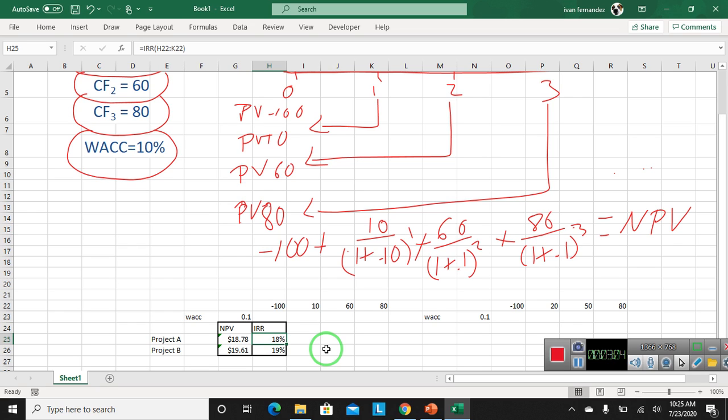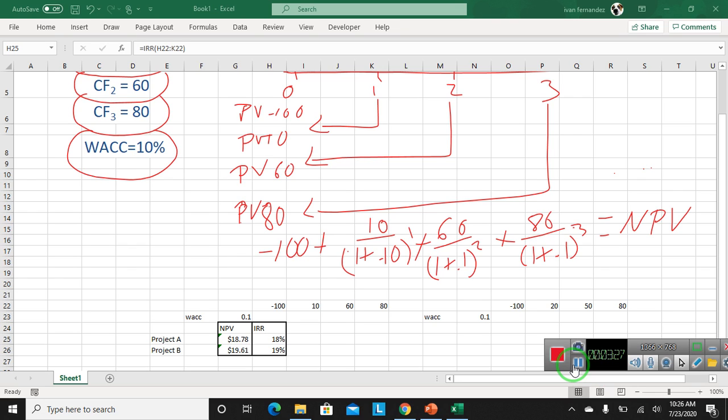It's not that that's your actual return. You're not going to make 18%. The internal rate of return means something slightly different. It's the rate at which the project would make the NPV equal to 0.